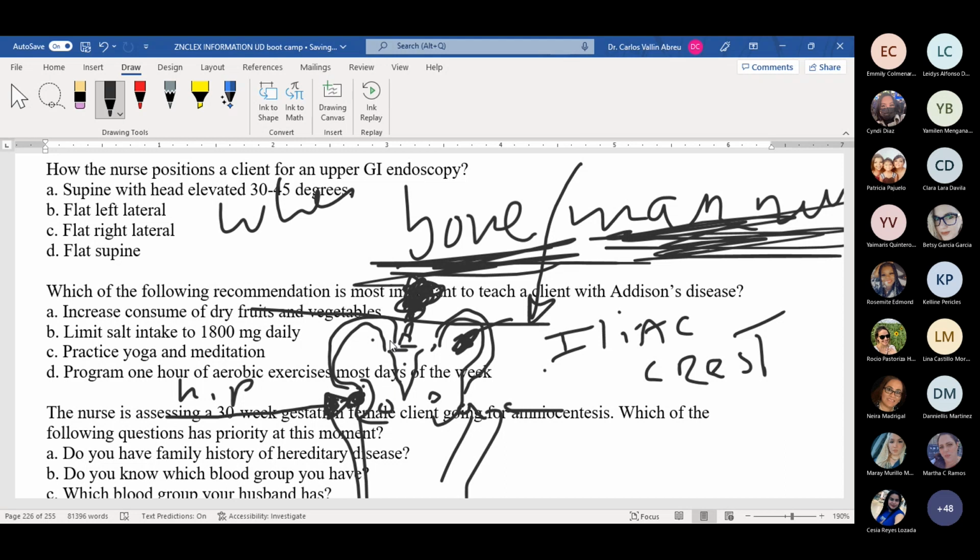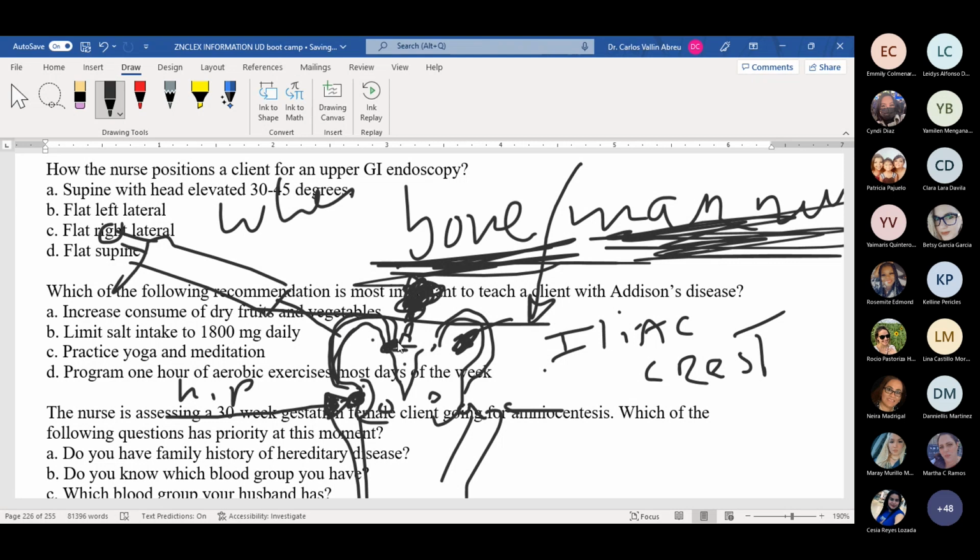That is the iliac crest. Explore it, or Google it, to see what the iliac crest is. It is prominent.